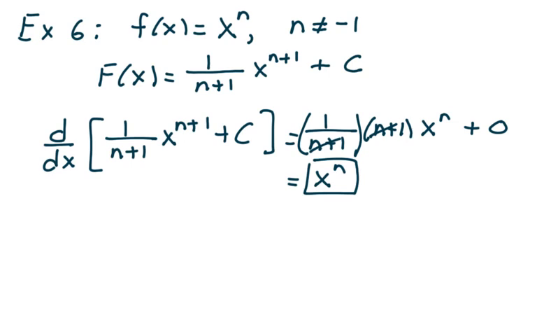So notice when we have x to a power, I added 1 to the exponent to get x to the n plus 1. And then I took the n plus 1 and took its reciprocal and multiplied x to the n plus 1 by 1 over n plus 1. I hope that made sense. So that n plus 1 becomes the denominator, and the numerator is 1, basically, when you want to find the antiderivative.